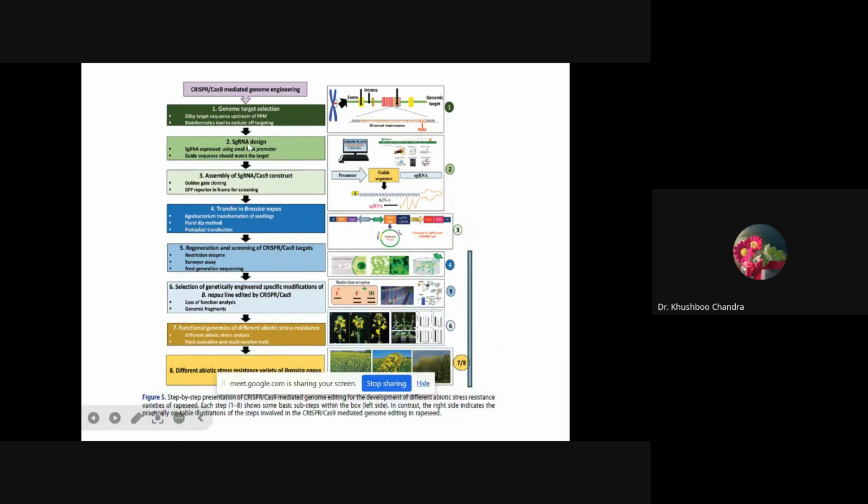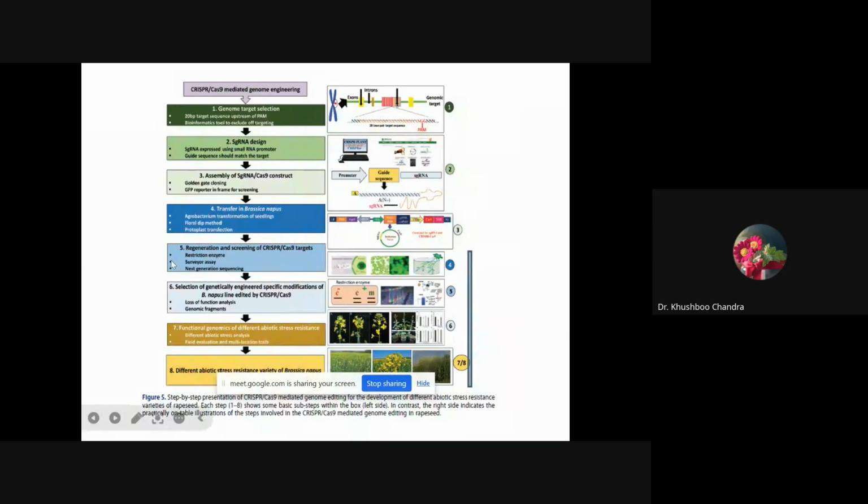This is the sgRNA designing, the second step. Then we have the assembly of the Cas9 construct, and then we want to transform it in Brassica napus. There are three types of methods: the floral dip method, protoplast transfection, or the first one, Agrobacterium transformation in seedling.